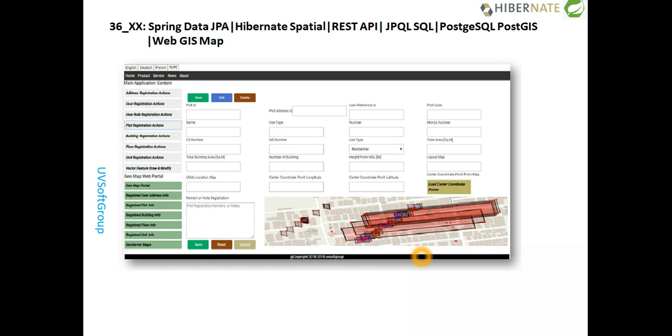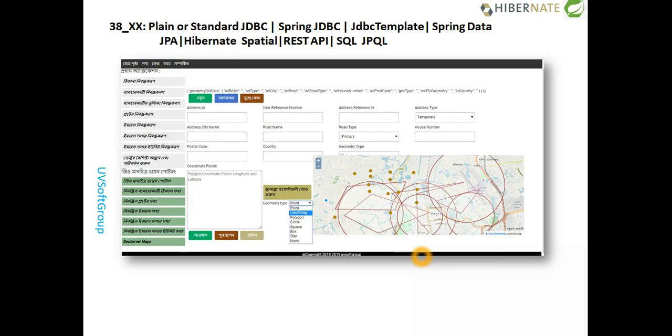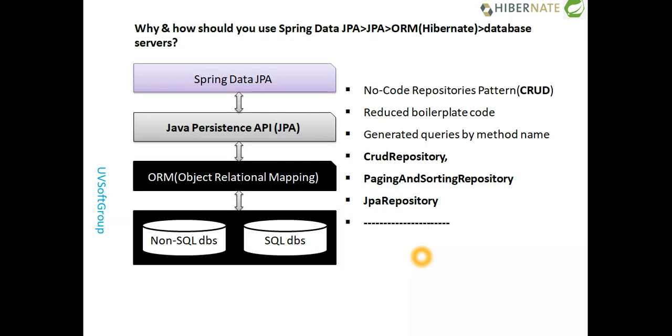This is the 36 number XX. That means this is where you publish and customize the REST APIs, and then integrate those REST APIs into your respective front-end technology, your view technology or UI or whatever you call it.